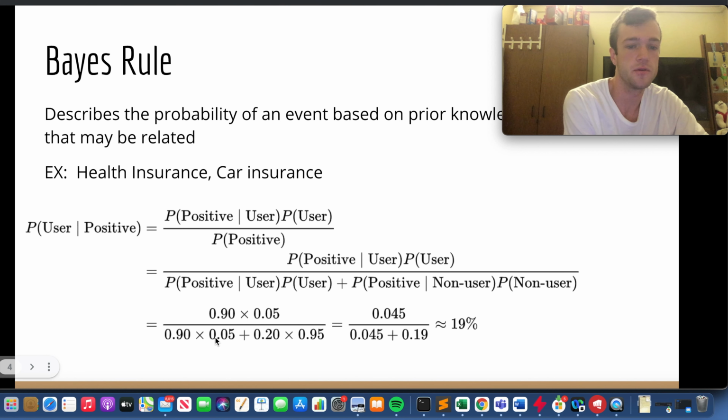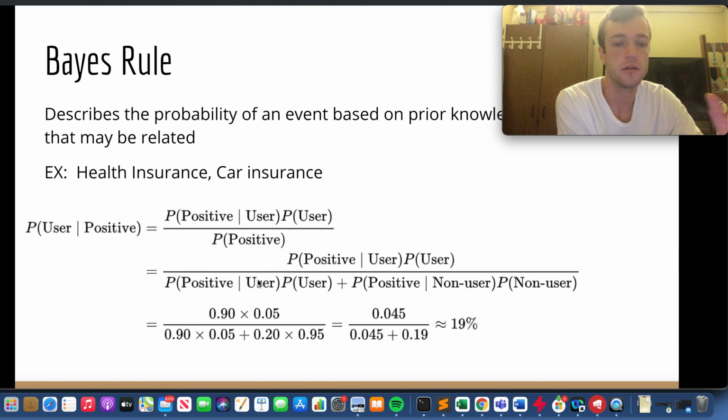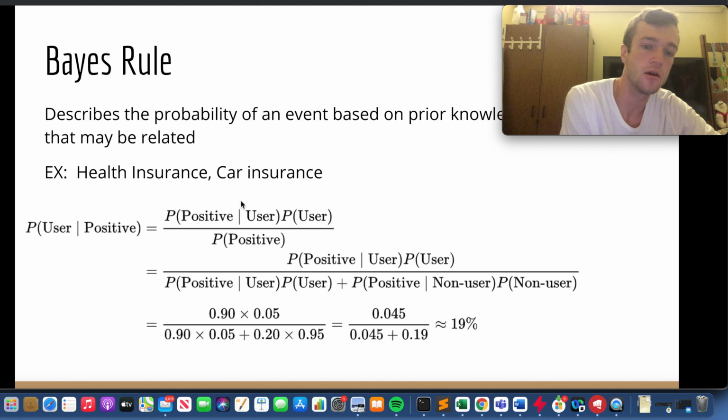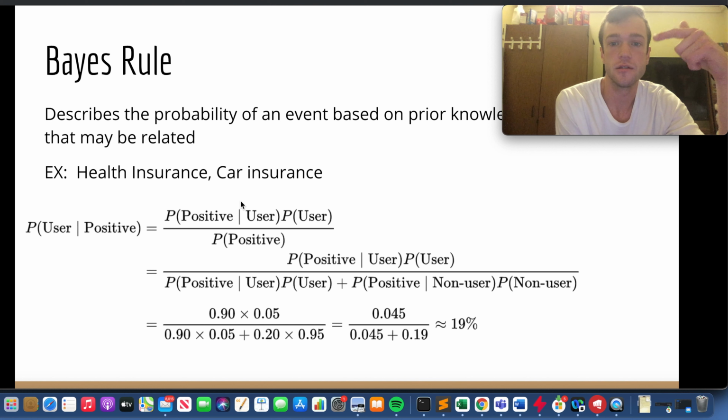A user is 5%, a non-user is 95%, and positive given user is 90%, positive given non-user is 45%, and the total is 20%. And then the numerator is what you're trying to account for.